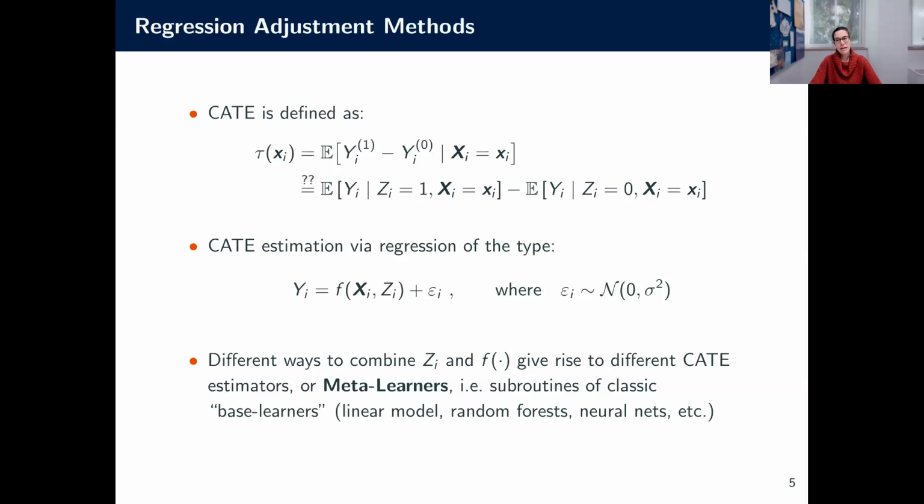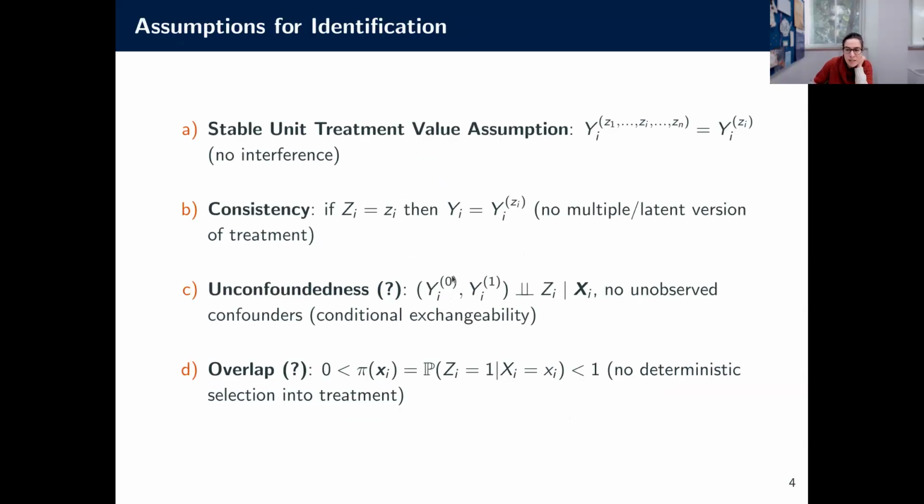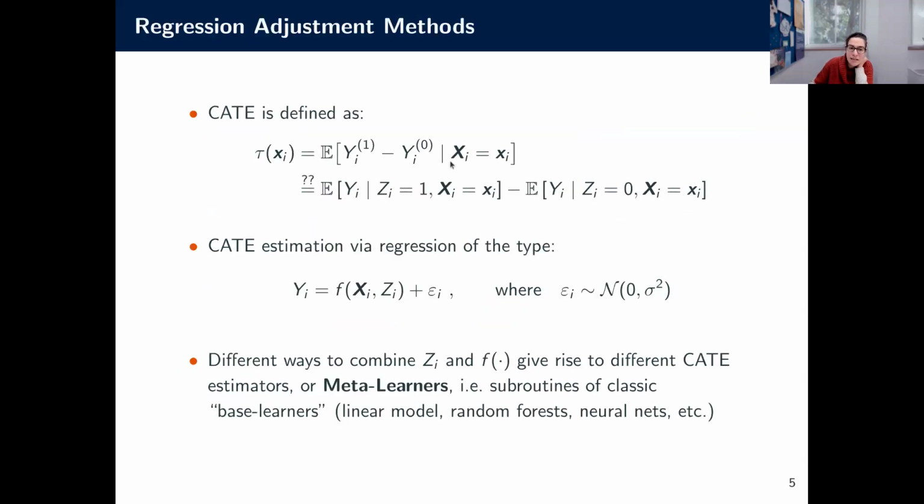Okay, so how do we define the conditional average treatment effect? As I mentioned, this is defined as the expectation of the difference between treated and untreated outcomes conditionally on X. Now, if this unconfoundedness assumption holds, in other words, if the treated and untreated outcomes are independent of the allocation of treatment conditionally on X, then this expectation is equal to the expectation of Y conditionally on treatment minus conditionally untreated.